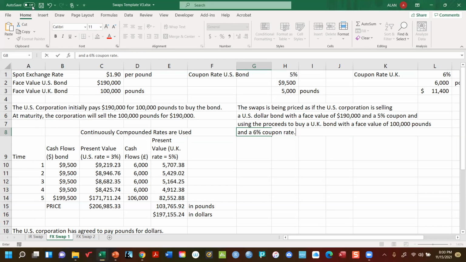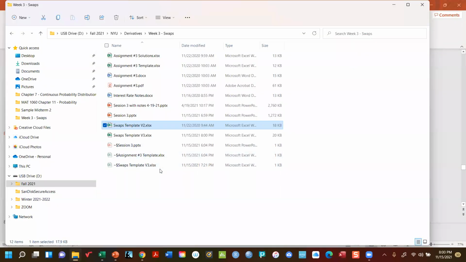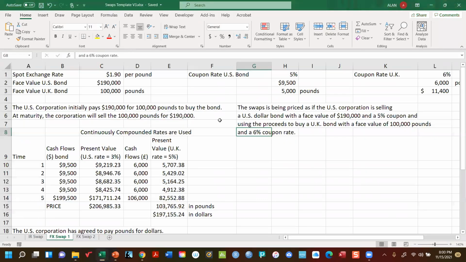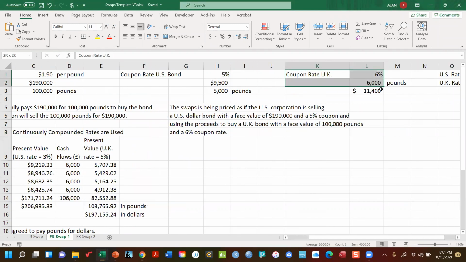Okay, let me just save that. I just want to make that crystal clear. So that's why this information is here. This is what we bought, the 6% bond, which is worth either 6,000 pounds or $11,400.